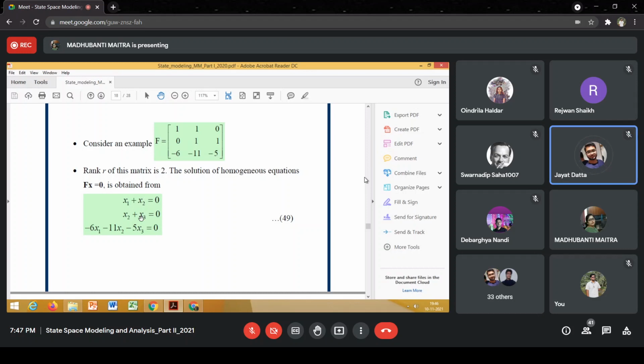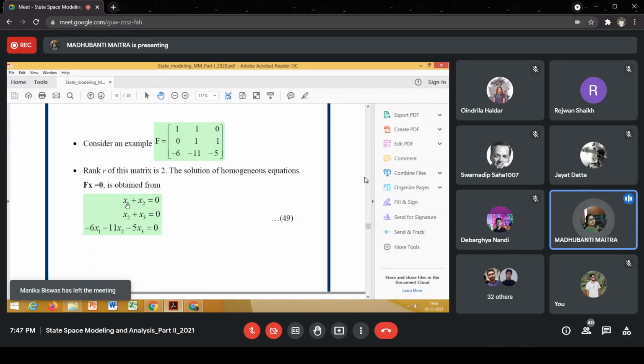Depending on the values of x1 and x2, from the third equation, you can find the value of x3. Similarly, if I take the value of x1 to be 2, then x2 will be minus 2. And accordingly, the value of x3 will change. Again, I can take the value of x1 to be a negative 1, that is minus x1.